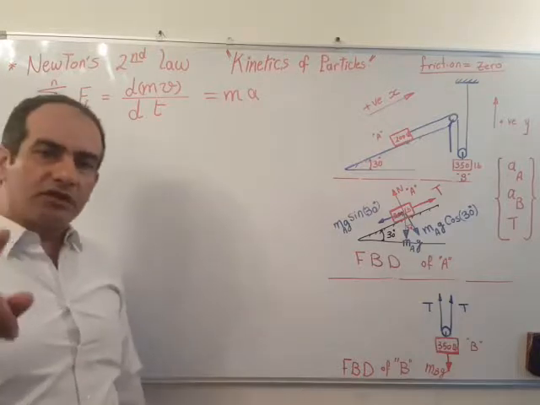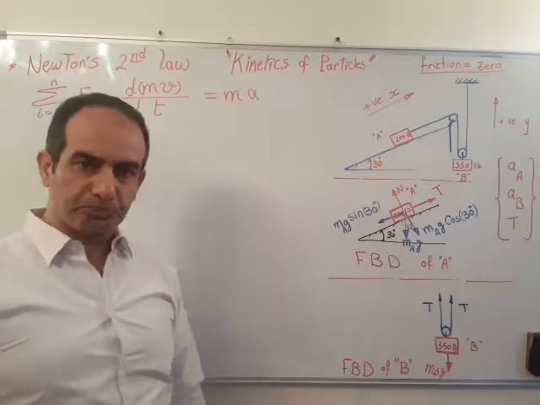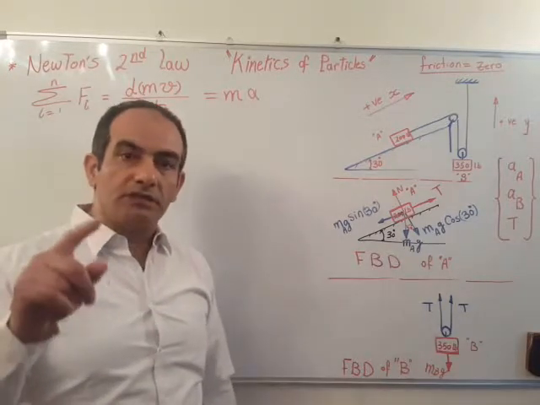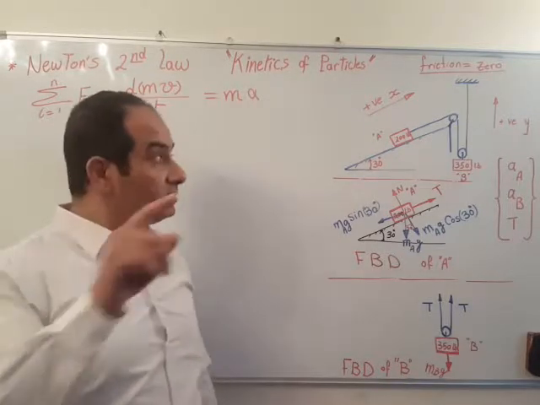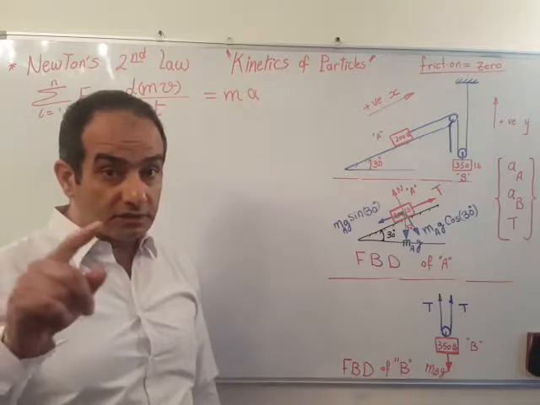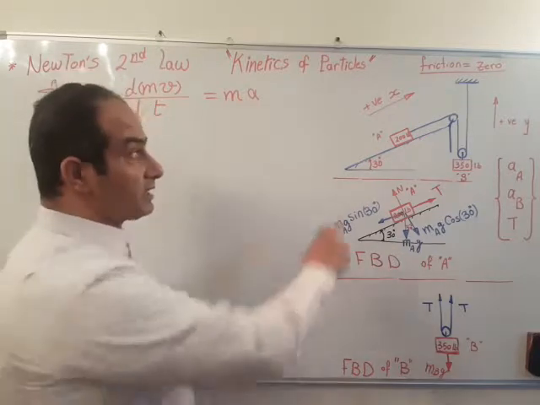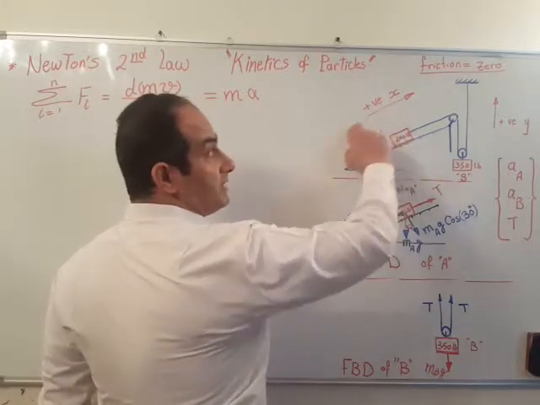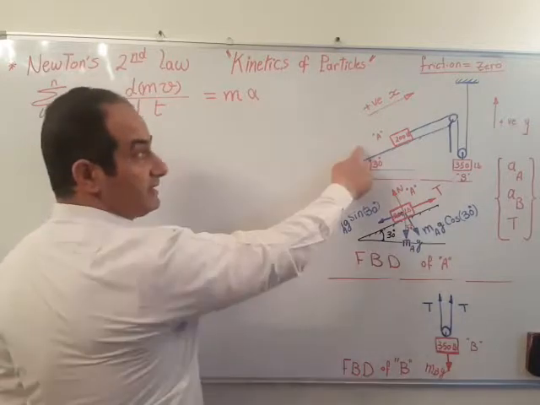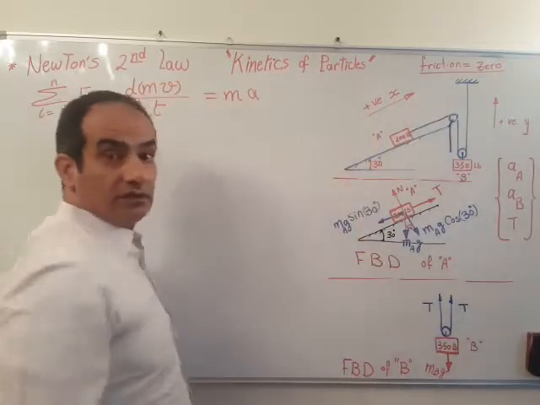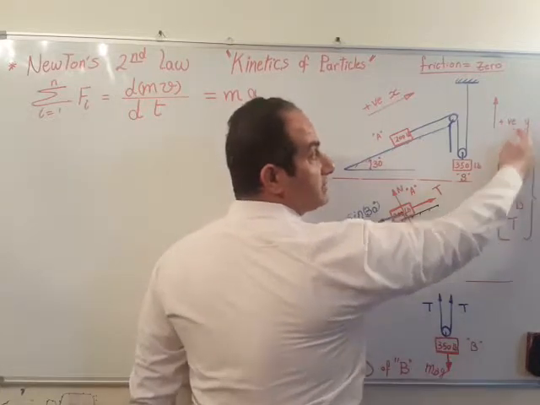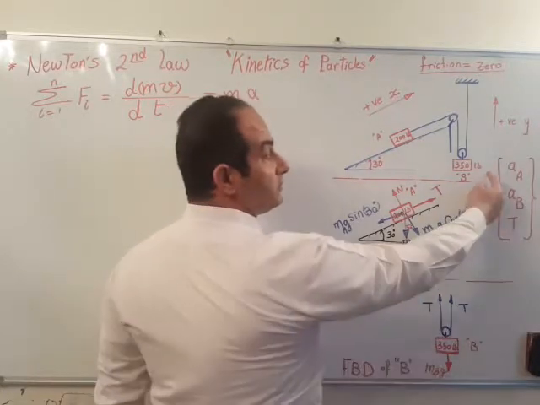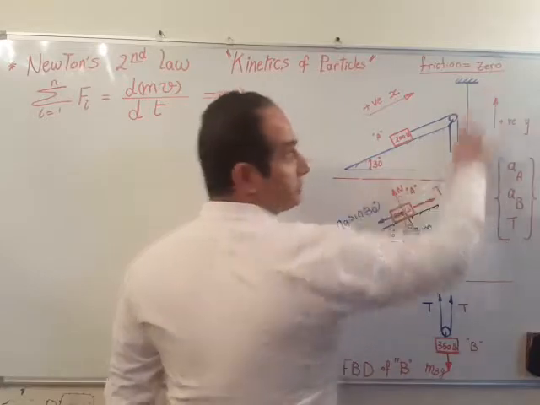We start with the reference coordinate. We should determine our reference coordinate. Let us take our positive x direction for mass A in this direction, and our positive y direction, the vertical direction, for mass B in this direction.